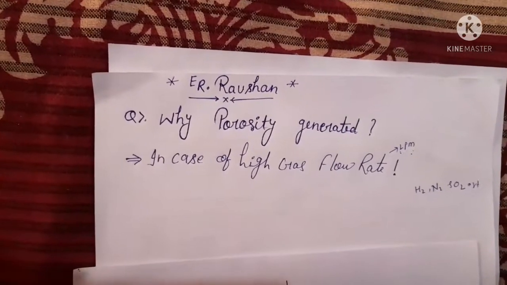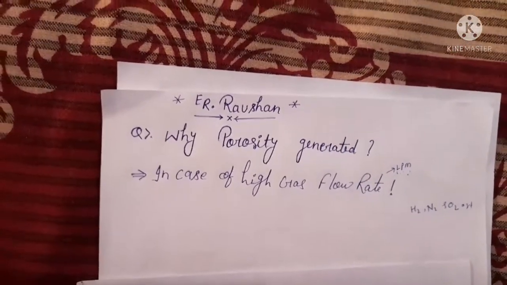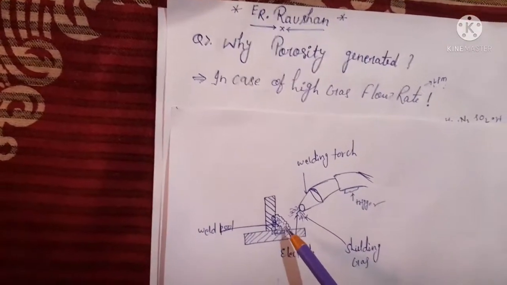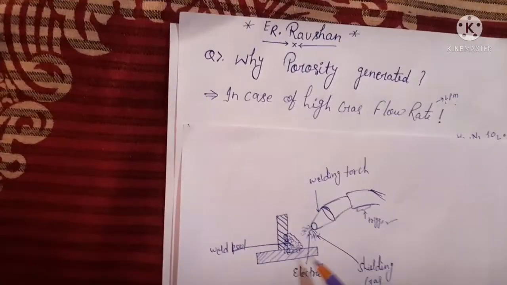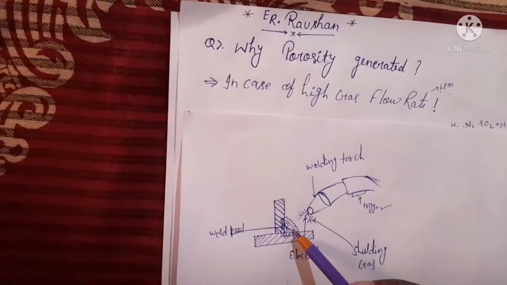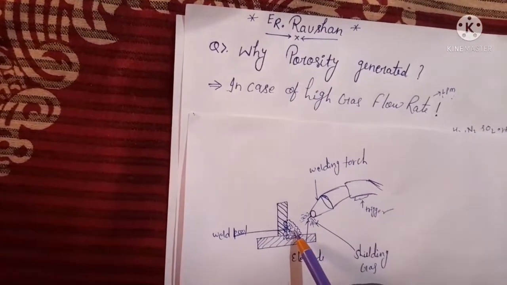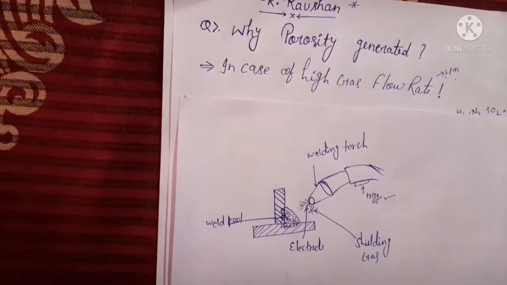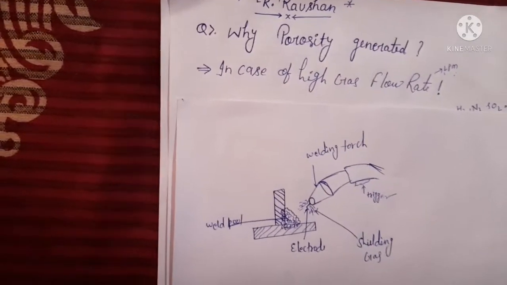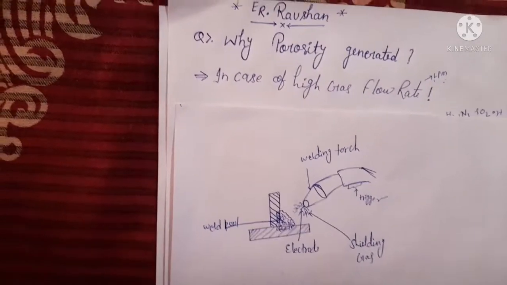That means foreign particles are trapped in the weld pool. Here that is a weld pool. If foreign particles, that means contaminants or oxygen or nitrogen or hydrogen, are entrapped in this weld pool, then it causes porosity generation. It may also be, friends, a lack of gas coverage.